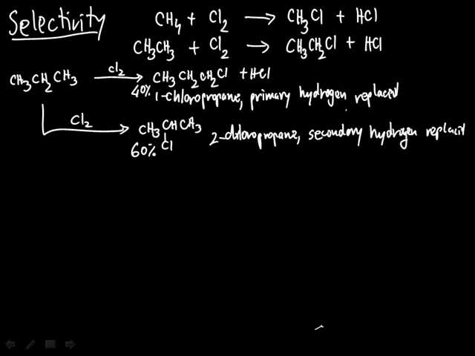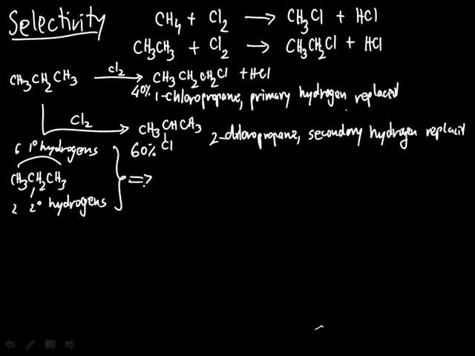Turns out that these numbers need to be analyzed a little bit more carefully, because if we look at propane molecule, what we notice is that there are 6 primary hydrogens and just 2 secondary hydrogens. And so to get to these numbers per hydrogen, the probability of reaction of primary hydrogen would be 40 over 6, which is 6.67% per hydrogen probability for primary hydrogens.